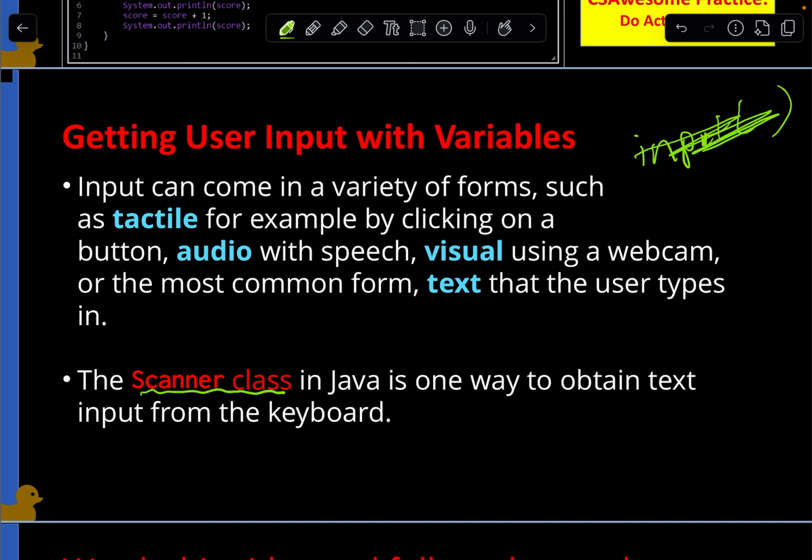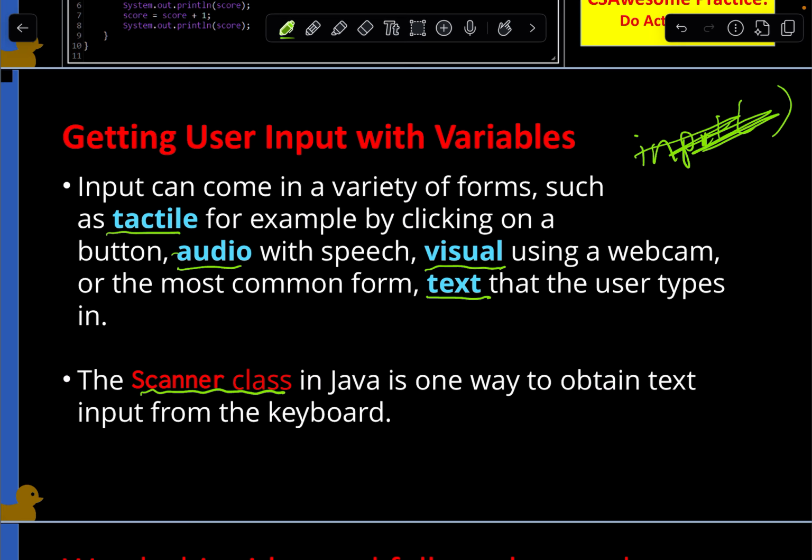Instead, you have to call for your scanner, give it a name, and you'll see in just a second. But when you're bringing in the scanner, you can bring in text, you can bring in audio, you can bring in video, or you can make tactile, like a button.